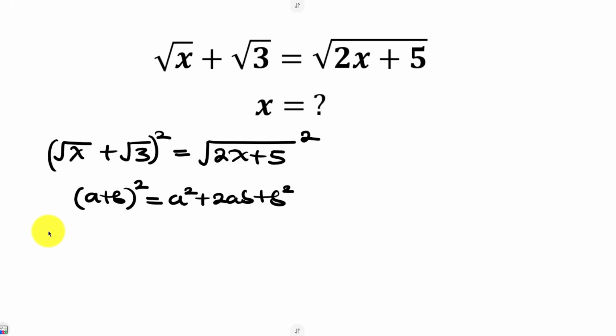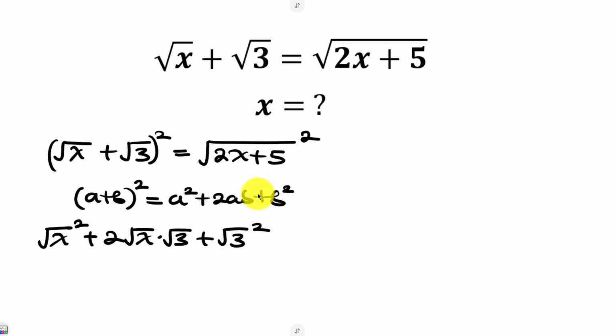So this will become the square root of x squared plus 2 times the square root of x times the square root of 3, and then plus the square root of 3 squared, just as what we have here. And this is equal to, now this square cancels out the square root, leaving behind 2x plus 5.